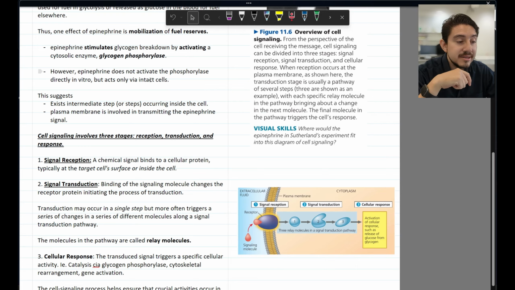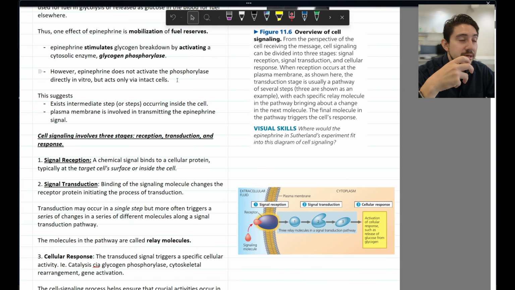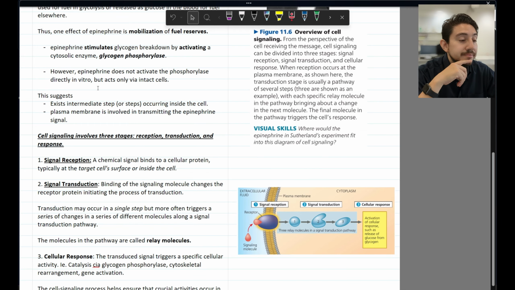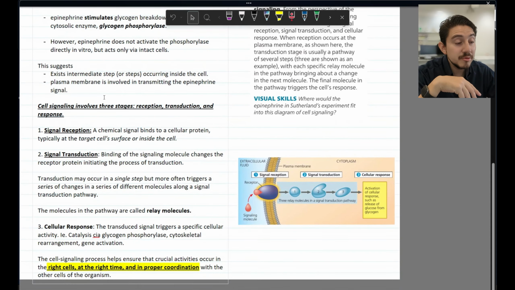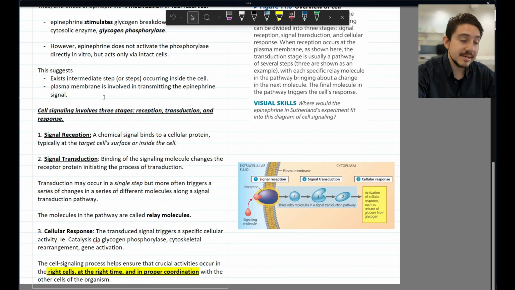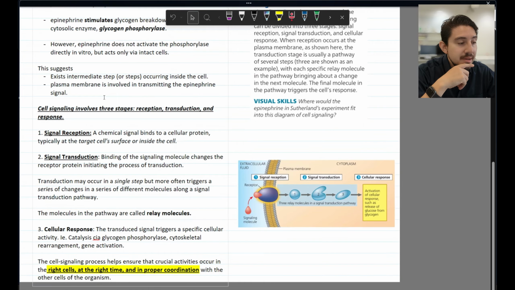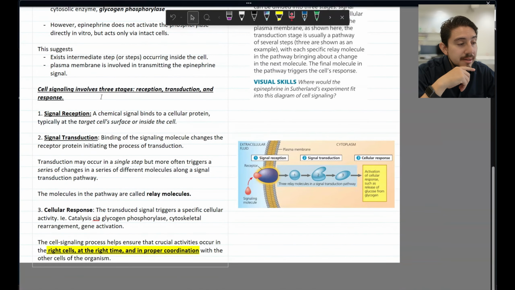Epinephrine does not activate the phosphorylase directly. So that's one of the hints that Sutherland started to get to be able to activate glucose usage, right? It is not directly involved, but involves a series of intermediate steps. Okay, so we're going to take a look at these three stages now.